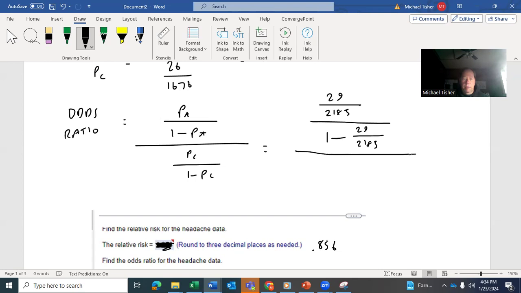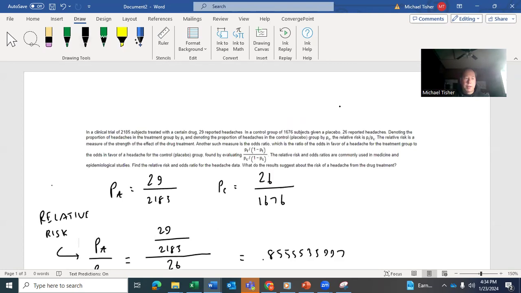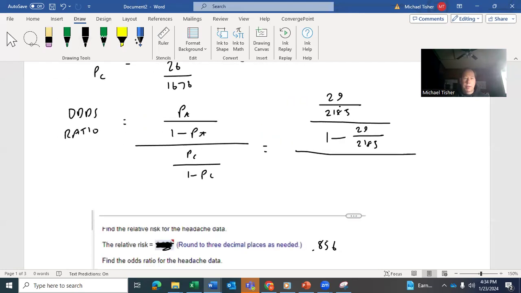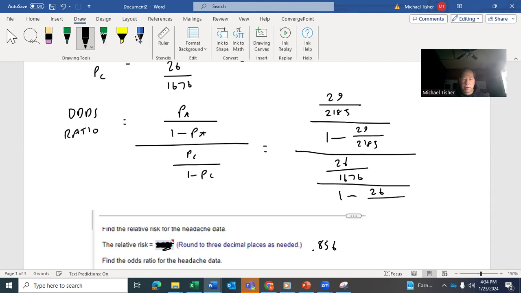This is all over, and PC was 26 over 1676, over 1 minus 26 over 1676. Now let's throw all this into decimals.